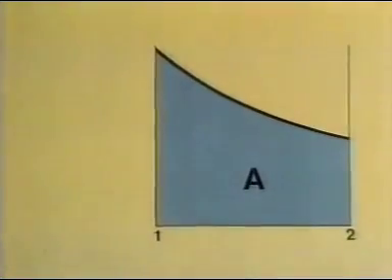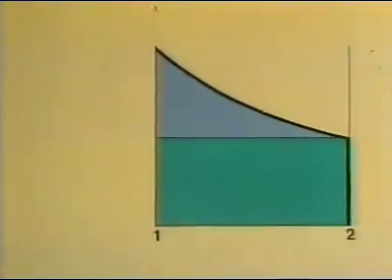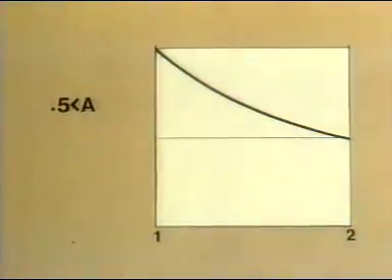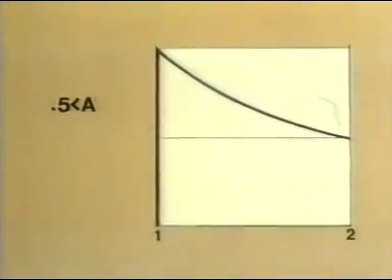With only 1 strip, the underestimate is the area of this rectangle, which is 0.5, and this is less than the area A. And our overestimate is the area of this rectangle, which is 1.